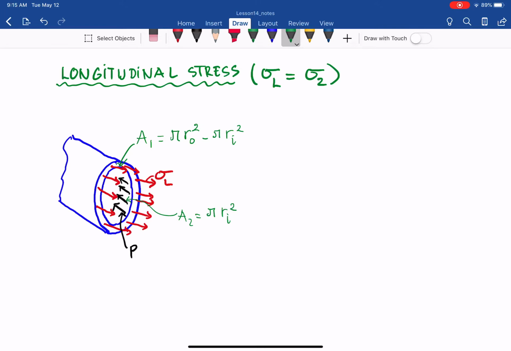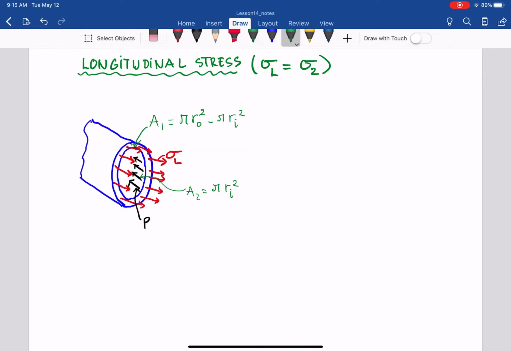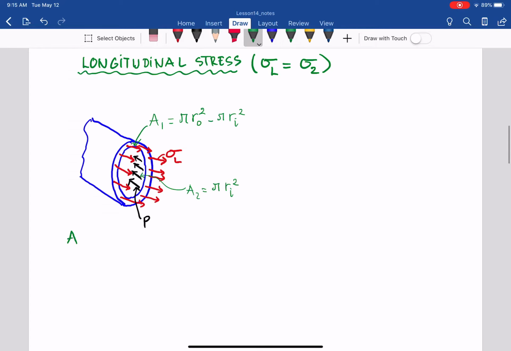So let's do some math here before we apply the equilibrium equation to find the longitudinal stress equation. Let's do some transformation. We have A1 equal to pi times the outer radius squared minus the inner radius squared, and then we can factor pi times R outer squared minus Ri squared.